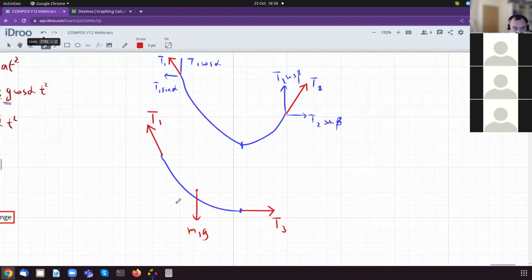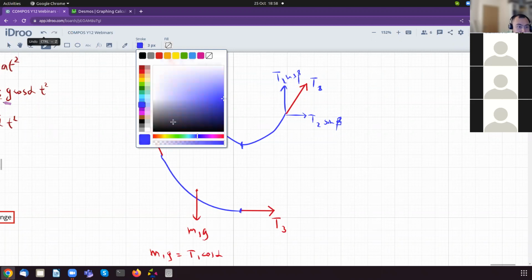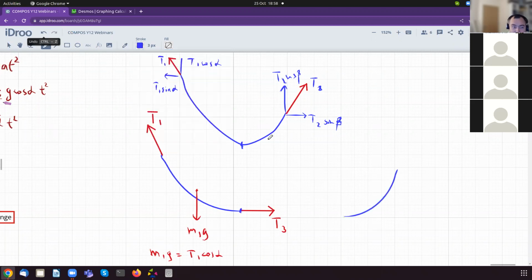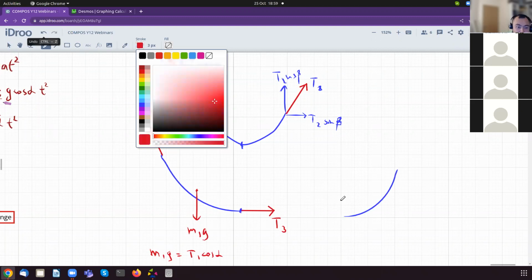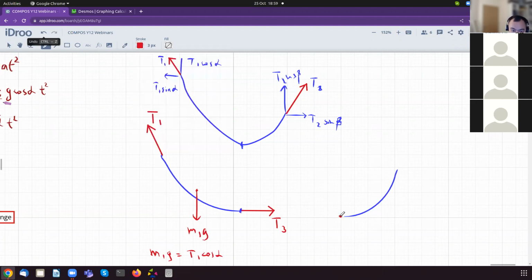Okay, and then you have M1G. M1G is equal to T1 cos alpha. And similarly for the second piece of rope, you have T3 here, you have T2, and you have M2G.